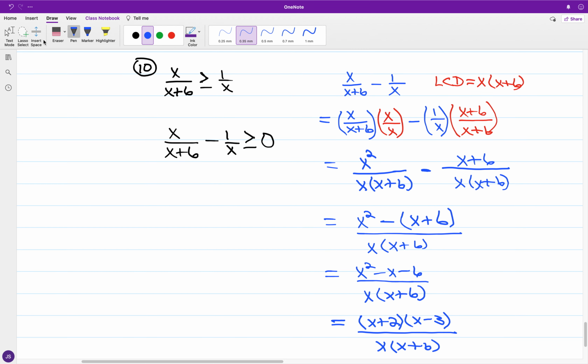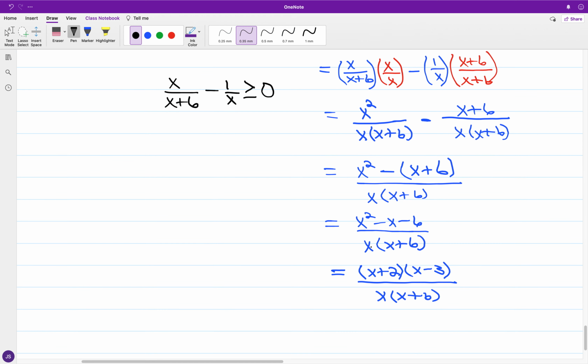So what this narrows down to is x plus 2 times x minus 3 all over x times the quantity of x plus 6 is greater than or equal to 0.